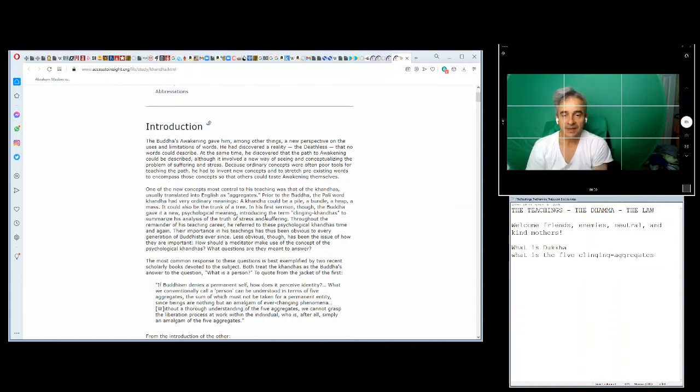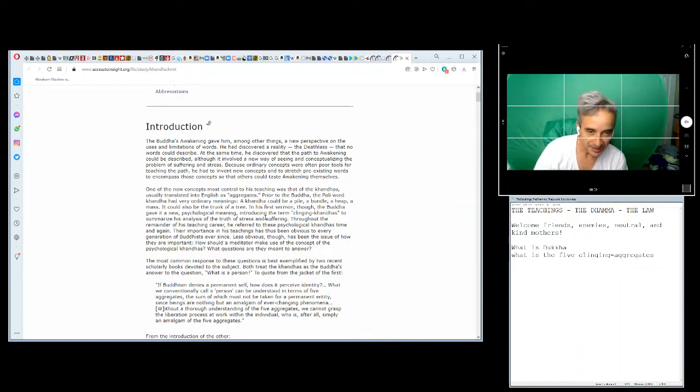Wow. So, it sounds like he had to maybe use common words and come up with new ways of understanding them, or come up with new words and give them new definitions.